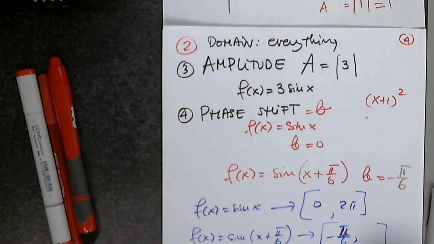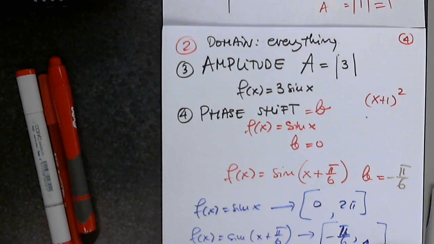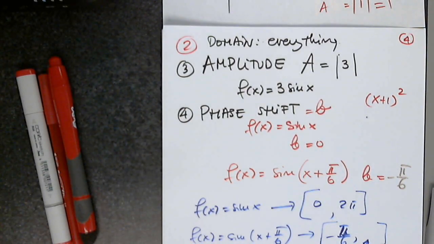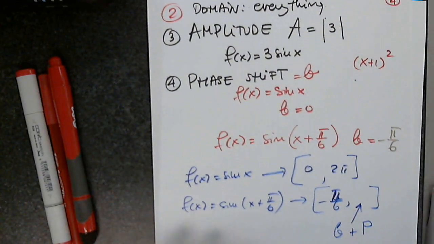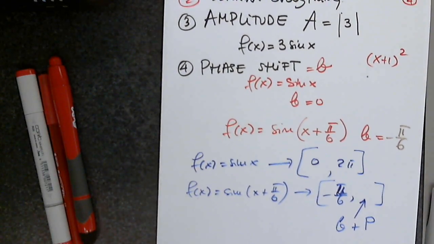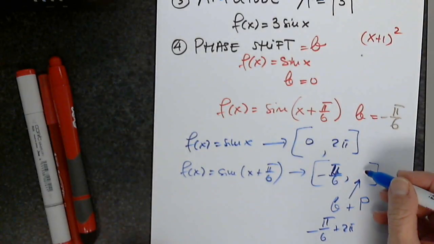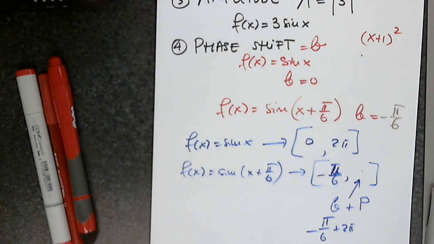Let me give you the answer here. B plus the period. So b is pi. No, B is not pi, it's -pi/6, but P is 2 pi. Exactly. And add 2 pi to it. Pencil and paper. So -pi/6 plus 2 pi, and tell me what to write in there.